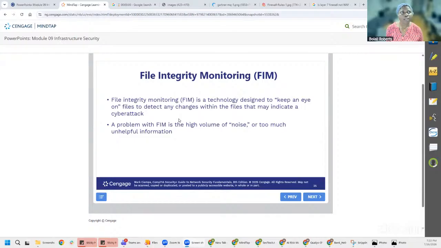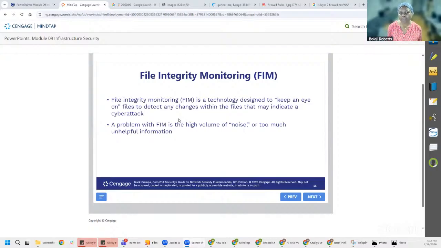And so when they install a backdoor, that modifies your program files. So it creates a program file. It makes changes to your program files. It shows that something has been added to your hard drive.